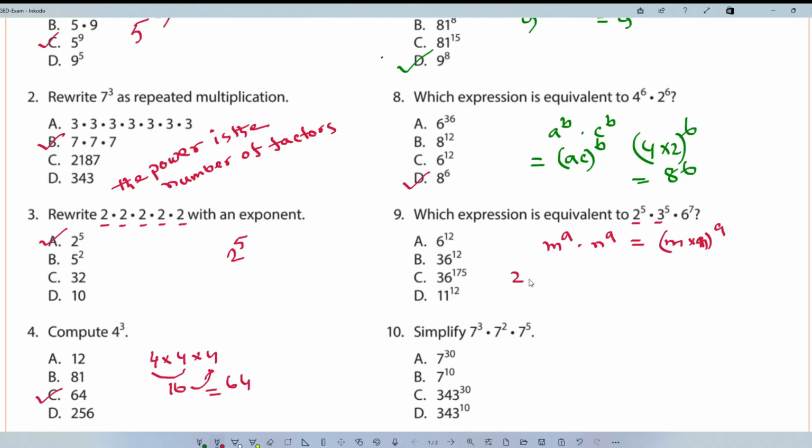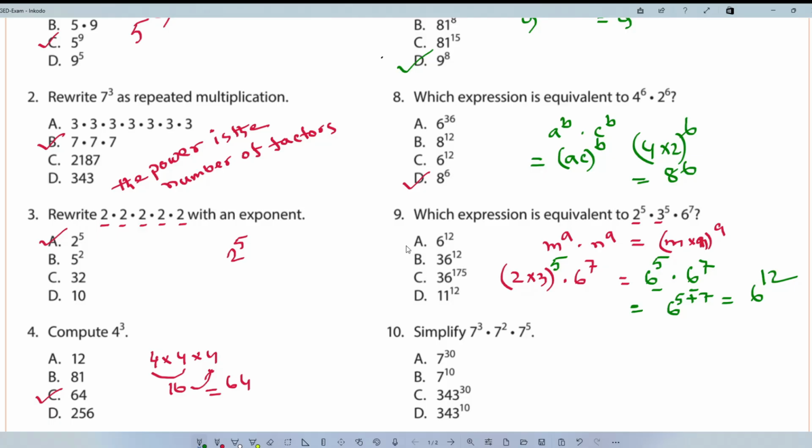Same thing, we can write 2 times 3 to the power 5, and here is 6 to the power 7. Okay, here is 5. So 2 times 3 means 6, to the power 5, and here is 6 to the power 7. So look, here the base is also the same. So once the base is the same, for multiplication the powers add. So 5 plus 7 means 6 to the power 12.